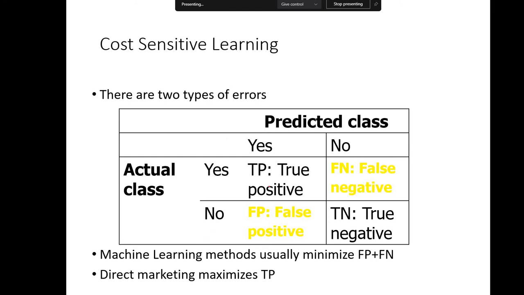If our actual class no matches the predicted no, we say it's a true negative. The other two are the misclassifications. Usually what we try to do is minimize these errors. But the type of errors is very important.